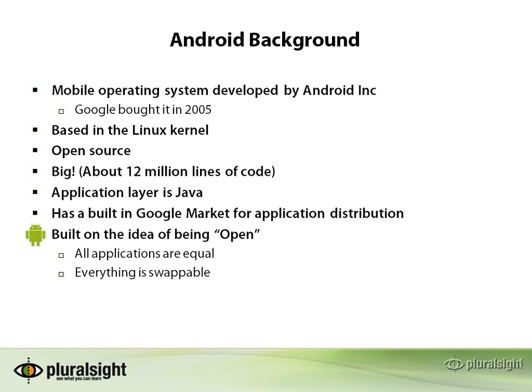Another very important concept in Android OS is the idea of being open. Basically, what this means, and we'll talk about this a little bit more later when we get into applications, is that everything, including what Google provides, is open and swappable. What this means is your phone dialer application, your home screen, all of the apps that you would consider to be basic core functionality of the system.